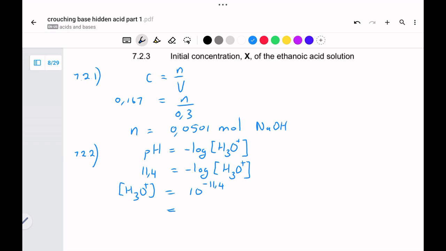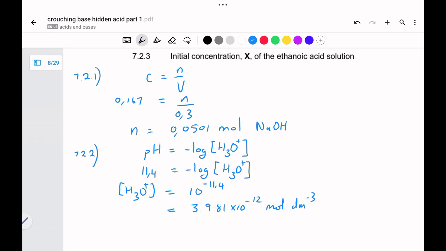And this gives us a very small number. Let's write out 3.981 times 10 to the minus 12 moles per cubic decimeter. I'm going to store this number in my calculator.